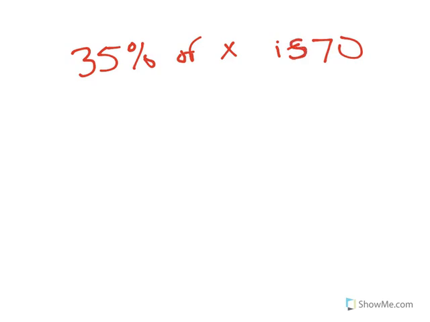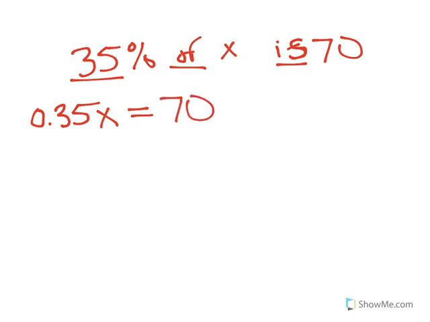That's an is. Sorry, not good with my S's. Okay, here we go. So I can't multiply by percent. Let's set it up algebraically first. So 35% is 35 over 100. As a decimal, it's 35 hundredths. Of next to a number means to multiply. So multiplying by a variable is equals 70.